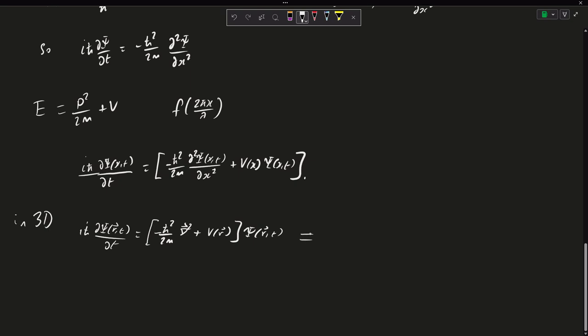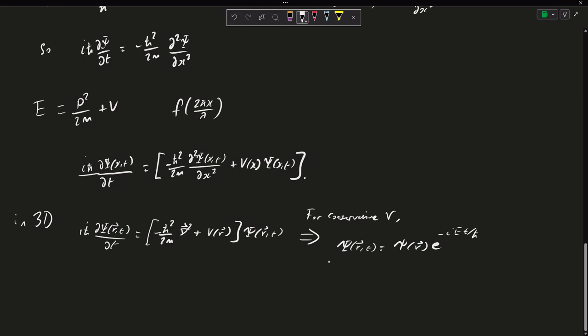So for conservative V, we get this form of the wave function. Psi of r and t is given by something only depending on r multiplied by this phase factor, e to the minus i E t over h bar, where E is our energy, t is time, and h bar is the reduced Planck's constant.